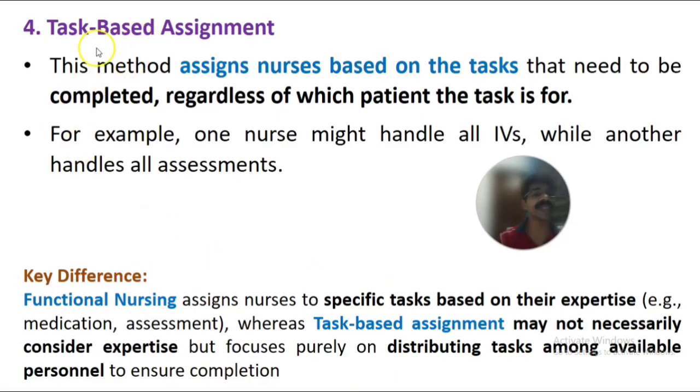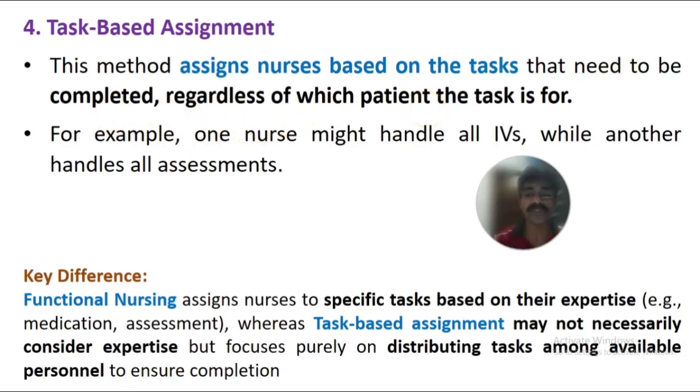The fourth method is task-based assignment. It is somewhat the same as functional nursing, but there are a few differences. Task-based assignment assigns nurses based on the task, the activities or functions that need to be completed, regardless of which patient the task is for.